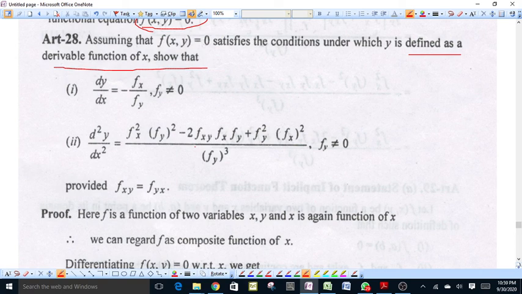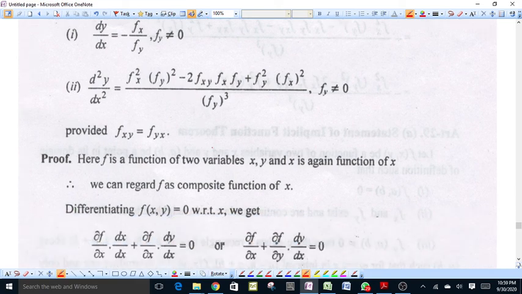And similarly the second derivative d²y/dx² will be equal to minus (f2x fy² minus 2 fxy fx fy plus f2y fx²) upon fy³, provided fy is not equal to 0, and also fxy is equal to fyx.